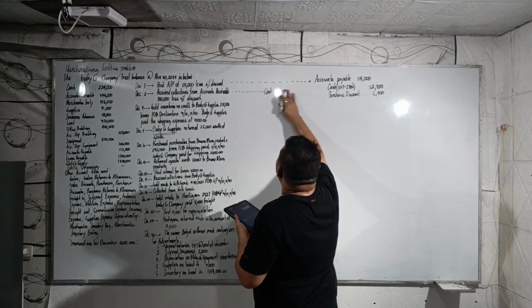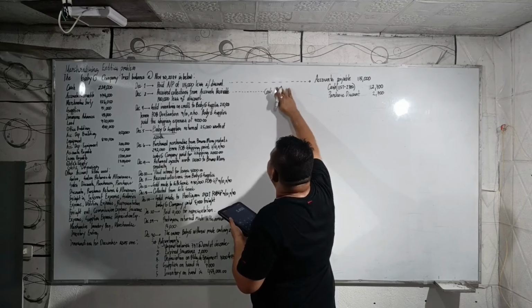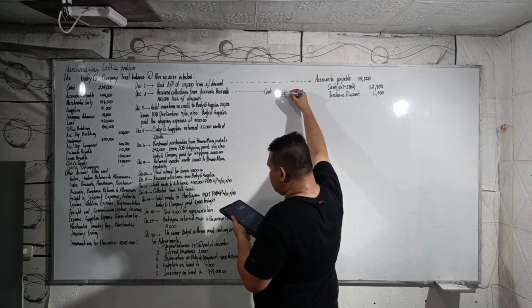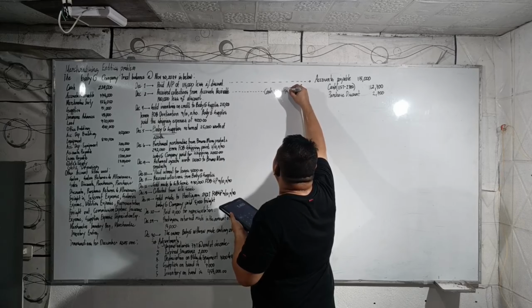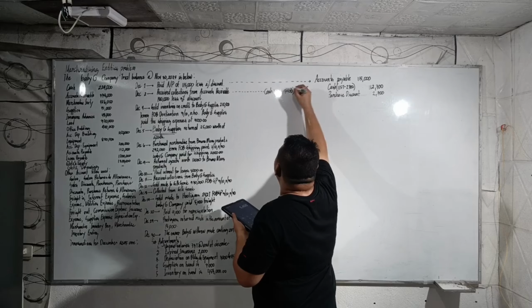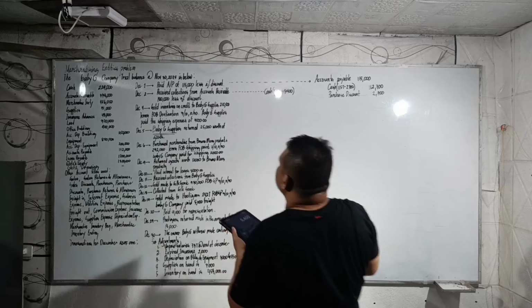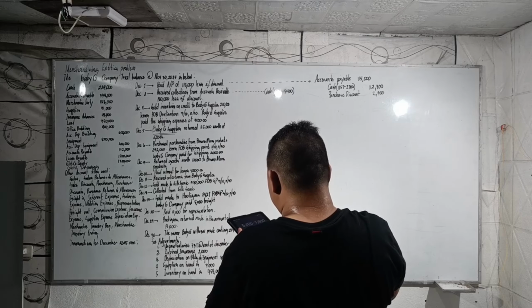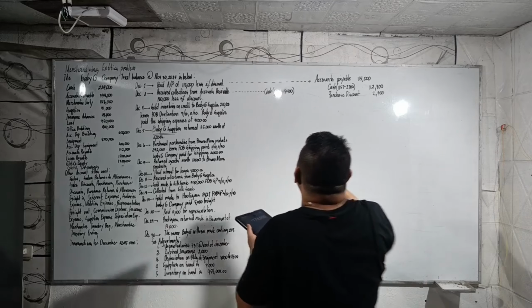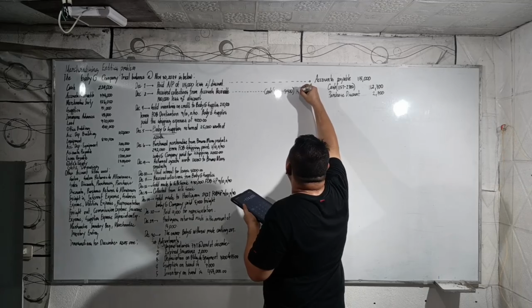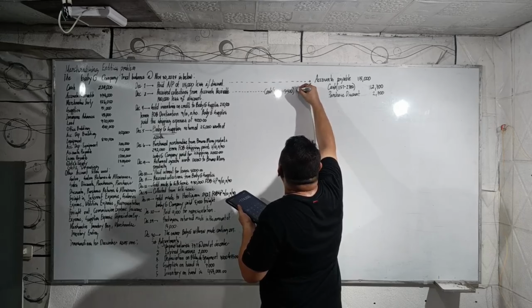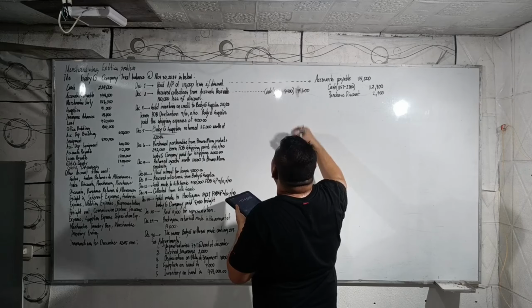So that means on the 180k, you're not going to receive the full 180k. You're only going to receive 180k minus 5,400, which is the 3%. That's 174,600.